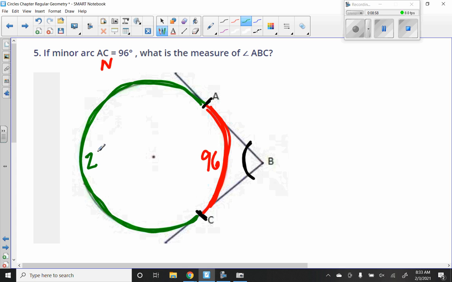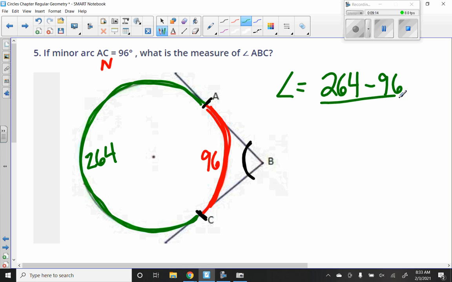So this is 264, because it has to add up to 360. We're using the entire circle now. So the angle equals far minus near divided by 2. That would be your formula for the angle, and that would get your answer.